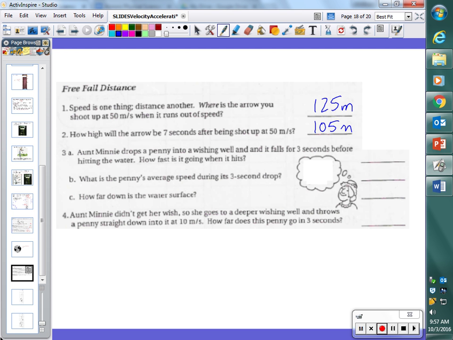All right? If it falls for 3 seconds, how fast will it be going when it hits the water? Actually, well, just before it hits the water. Chris? 30 meters per second. Does that make sense, Christian? Okay?